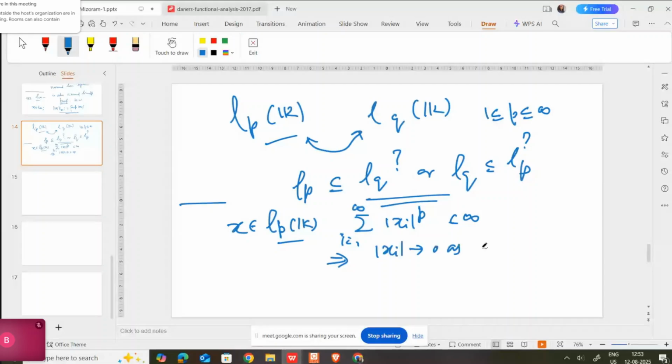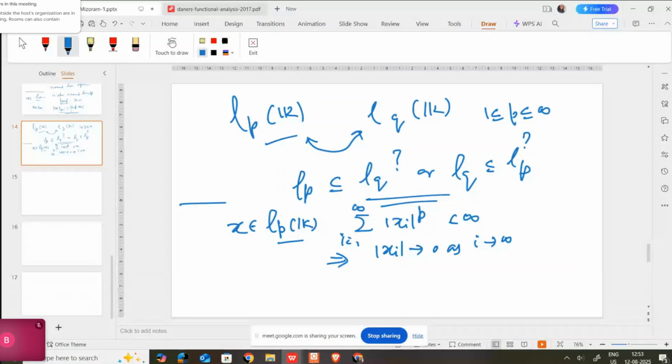Yes or no? Yes, sir. If you have a convergent positive series, the nth term goes to 0. This will imply that this sequence x is bounded. It has to be a bounded sequence. If it's a bounded sequence, then it belongs to l infinity.